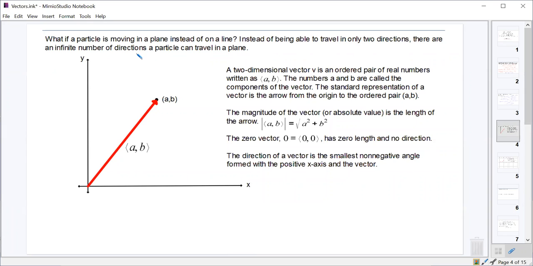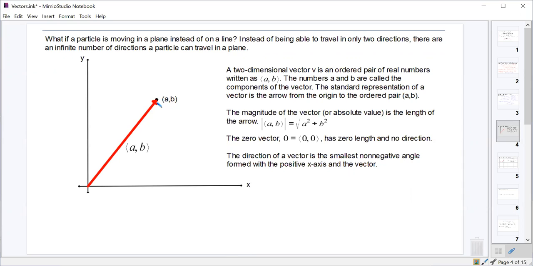We're dealing only with 2-dimensional vectors, which are written with these angled brackets as ⟨a, b⟩, where a and b we call the components of the vector. And a standard representation of any vector is just an arrow that goes from the origin to whatever ordered pair we have, (a, b), to whatever that point would be in the xy-plane.